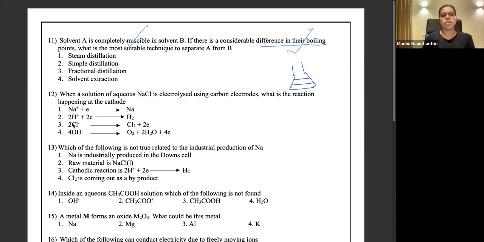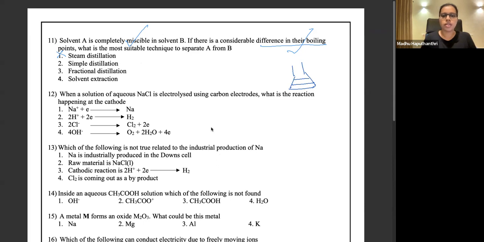So these two keywords go with fractional distillation. Some of you are saying the answer is simple distillation. No, not simple distillation. In simple distillation, you need to have one vaporizable, or you can say volatile, compound and one non-volatile compound.